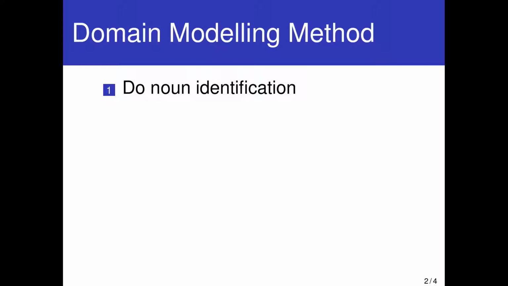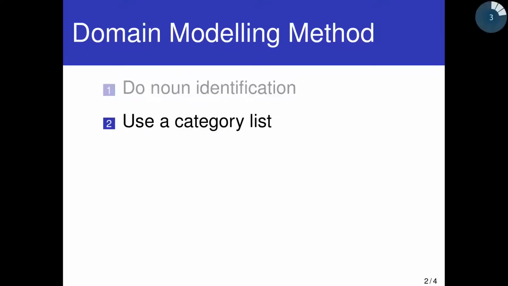So the first thing was to do noun identification to find all nouns in whatever requirement specification we have. And all nouns are candidates to become entities in the conceptual model. Then we use a category list to find more candidates for entities.